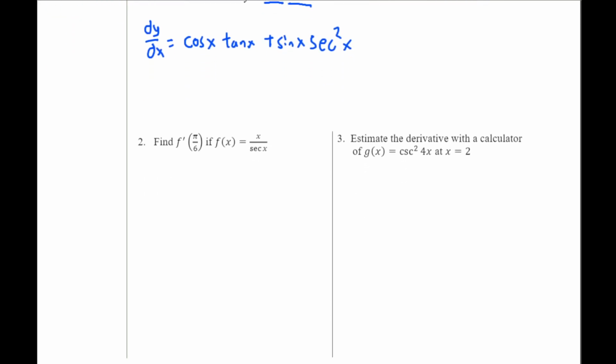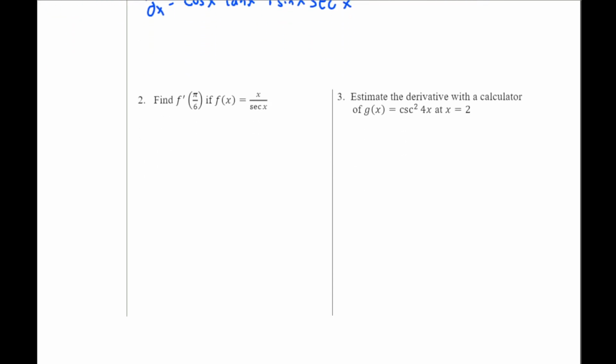Another example here. Find f prime of pi over 6 if f of x equals x over secant x. So first we have to find f prime of x. This is quotient rule because it's x divided by secant x.